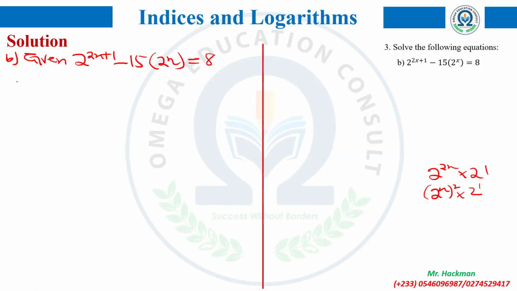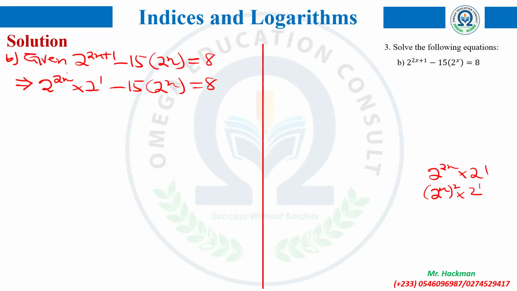So this implies there's an equation. You start with implication, you cannot start with equal to, take note. So I am going to transform this. This first transformation will give me 2^(2x) times 2^1, then minus 15 into 2^x is equal to 8. At this point, I know this is 2.